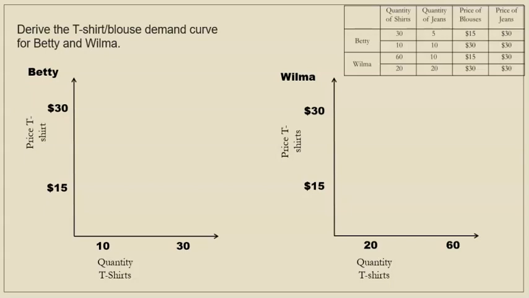Put them on the chart. And if you look at quantities for Betty, we have 30 and 10. And for Wilma, we have 20 and 60 to put on their graph. So hit pause and see if you can fill those points in, as well as your demand line.